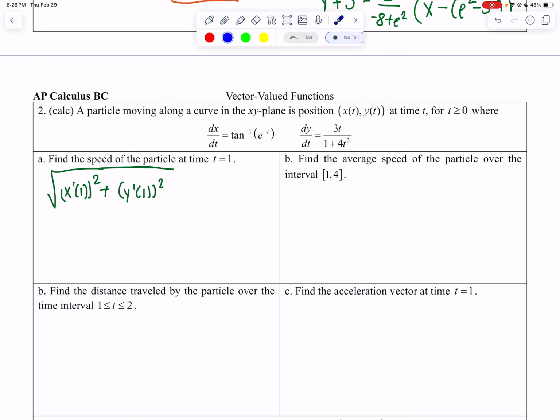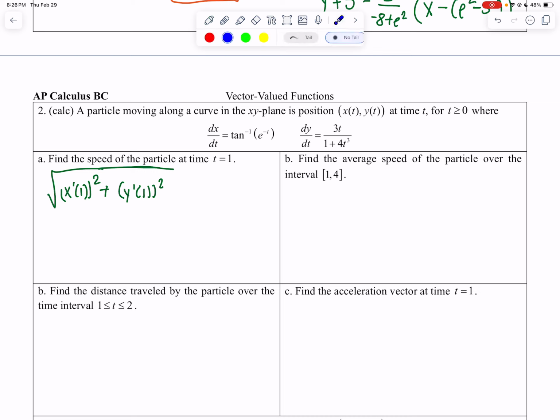Find the acceleration vector at time t is equal to 1. All right, so using my handy dandy calculator again, remember that what we had on y vars is dx/dt and dy/dt. So to find the acceleration vector, I'm just going to be taking the derivative of y1 at 1, and then the derivative of y2 at 1, and that's going to give me my x and y components of the acceleration vector, because technically y1 and y2, like I said, are already derivatives.